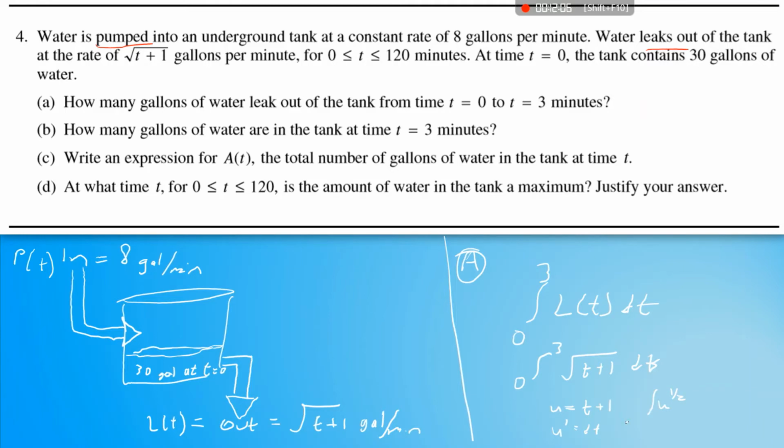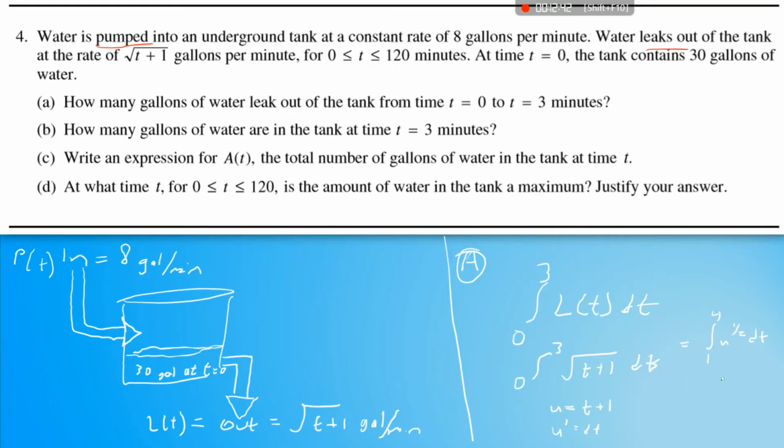If I integrate u to the 1/2 power, what will happen? u to the 3 over 2 power. Okay, I'm going to change my bounds there too. So this was 0. What should my new bounds be? 1 and 4, perfect, because u is t plus 1. So 0 plus 1 is 1, 3 plus 1 is 4.